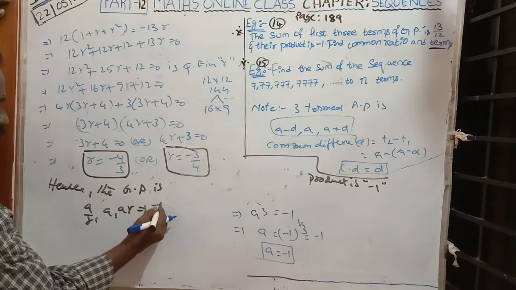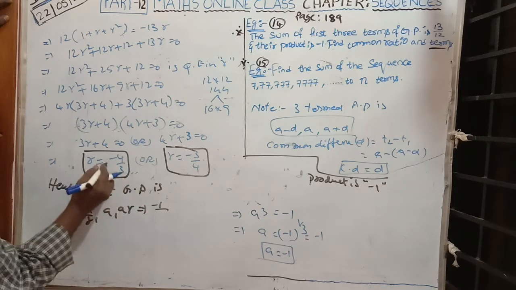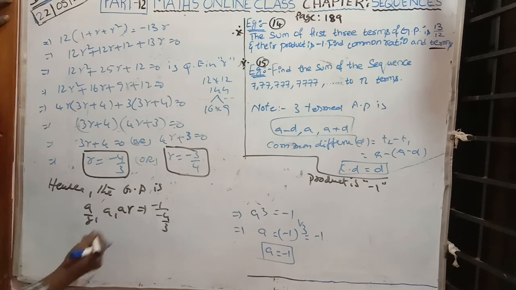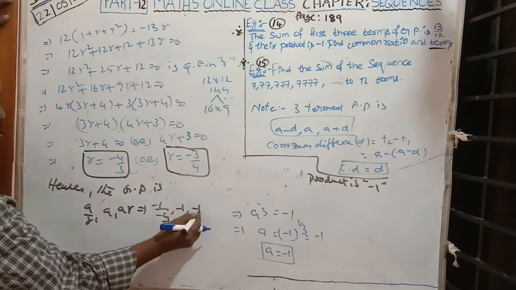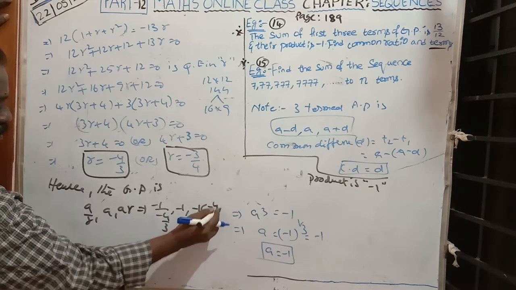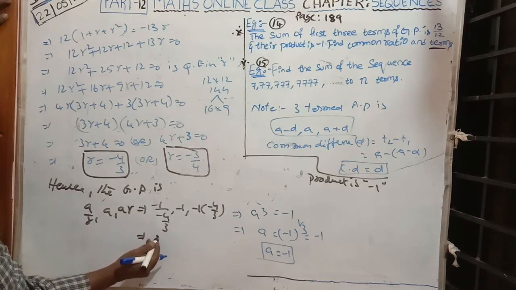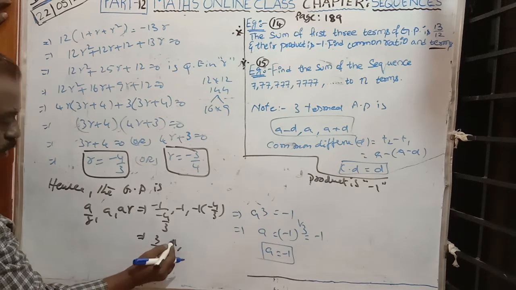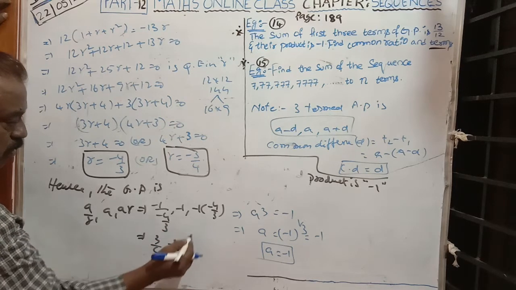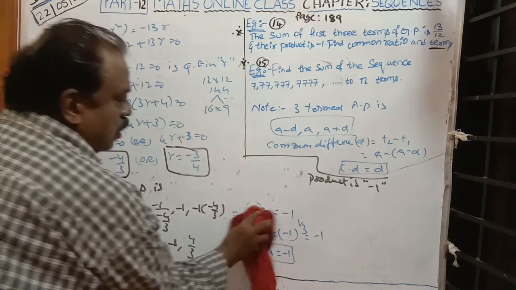What is A by R? Minus 1 by R, first take R as minus 4 by 3, and A is minus 1. Minus 1 into minus 4 by 3 reciprocal, that implies it is plus 3 by 4, then minus 1, then plus 4 by 3. Is it correct? That is 1 GP. Or otherwise, in a different way.